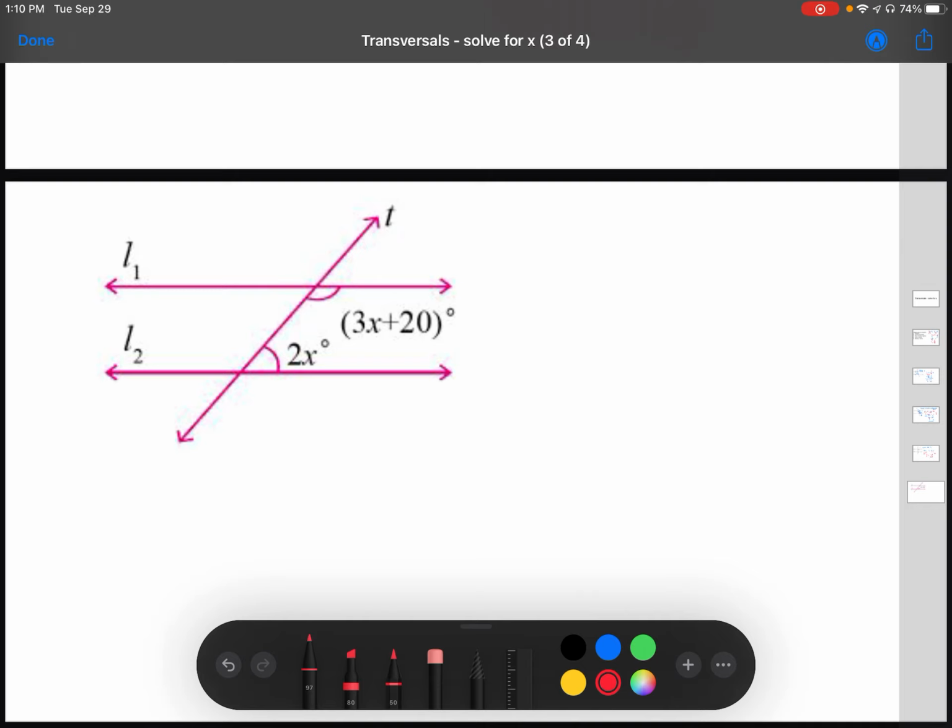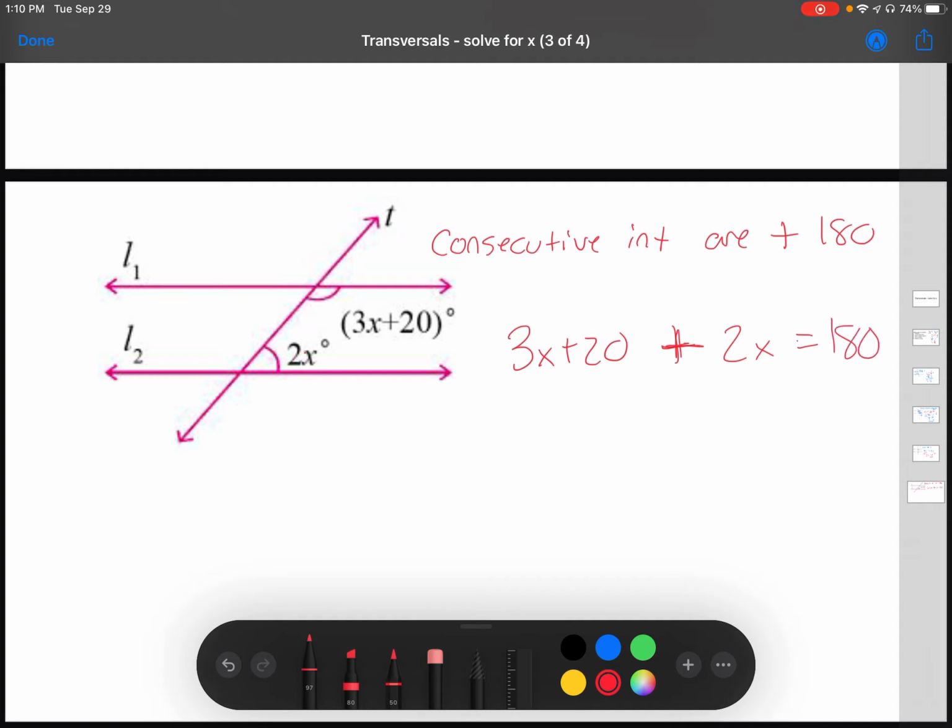And this last one here, I'll do one more. We've got consecutive interior, and they add to 180. So I'll take the 3x plus 20 plus the 2x equals 180. Right. Solve for x with the 5 steps. So distribute, nope.